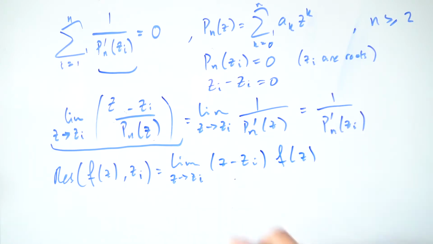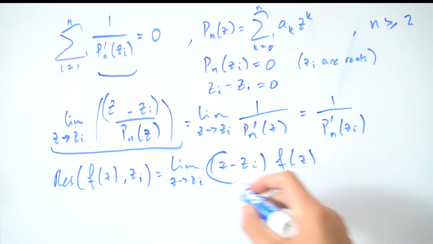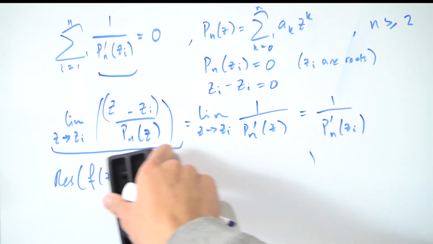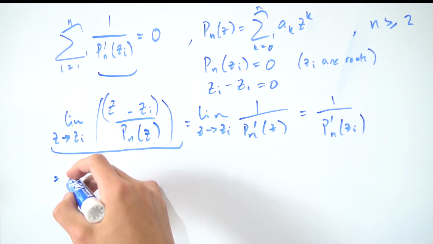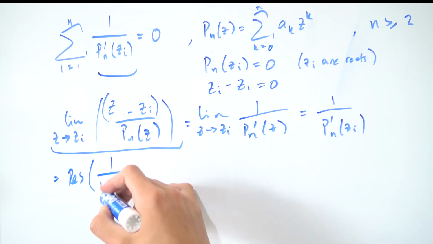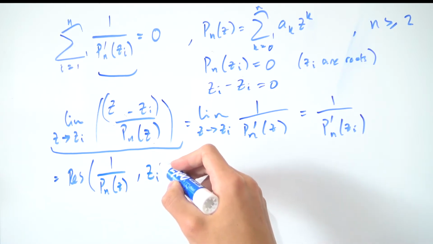And you can kind of see that in this expression right here, because we have this z minus zi, which is exactly this part, and we can say that our f of z is equal to 1 over pn of z. So what we can actually do is say that this whole entire limit right here is the exact same thing as the residue of 1 over pn of z evaluated at zi.